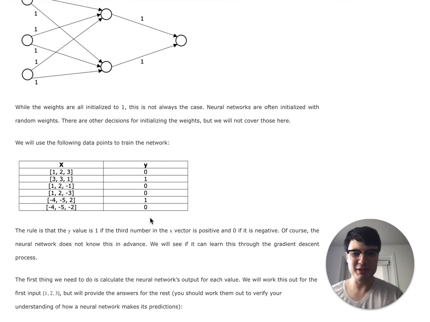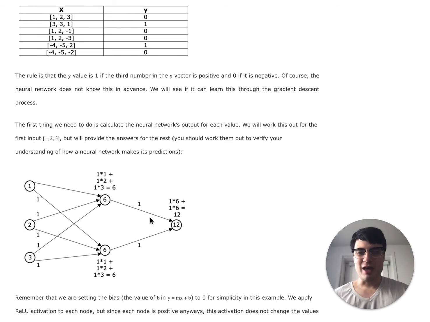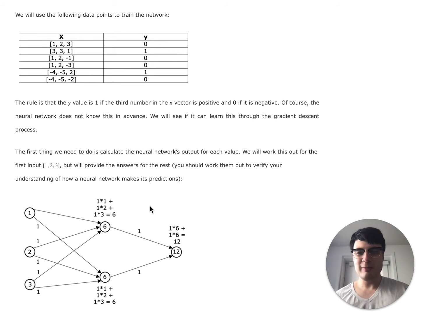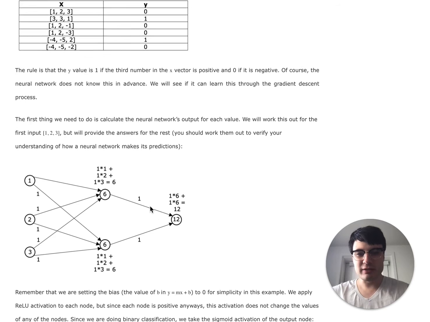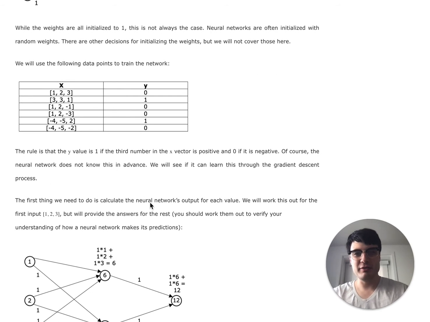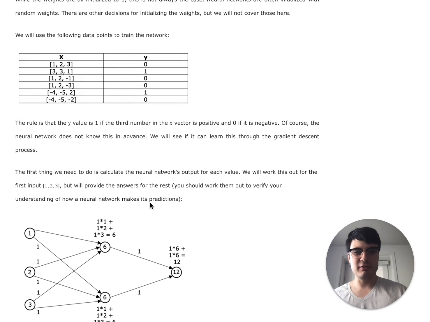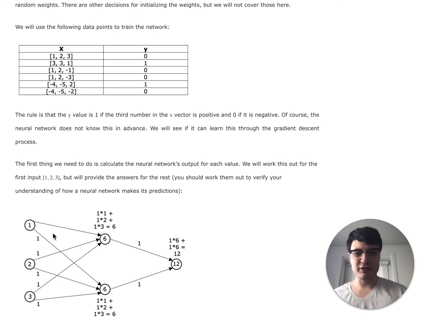Very fun application. Okay, so if we are given these data points, the first thing we're going to want to do is make predictions with those data points. I highly recommend you watch the previous video so that you can review how we make predictions with such a neural network given these inputs.